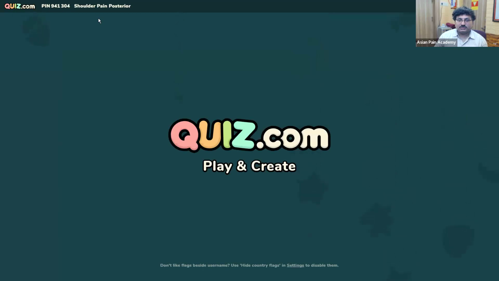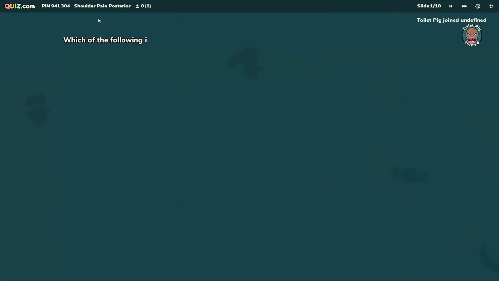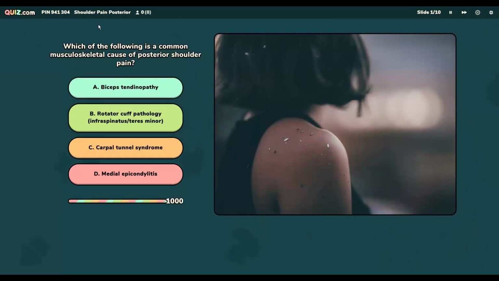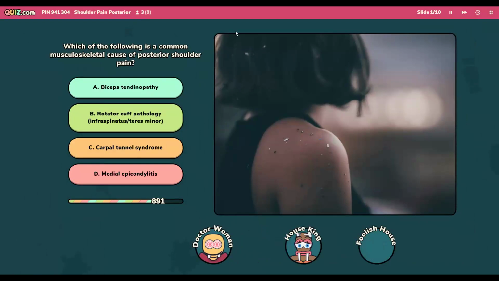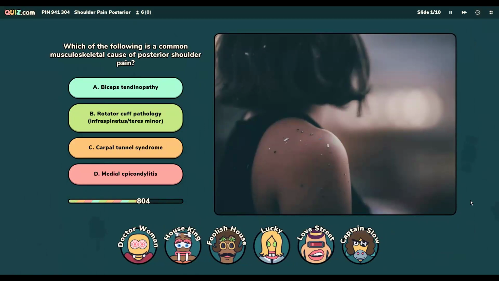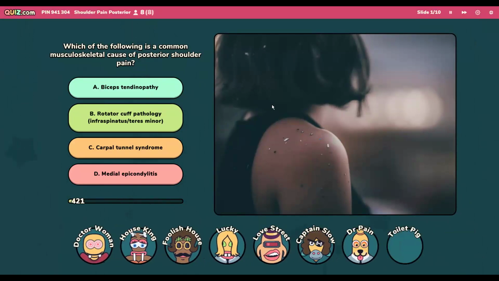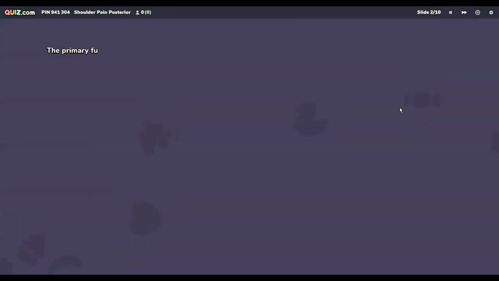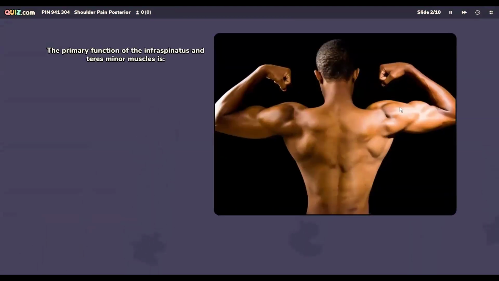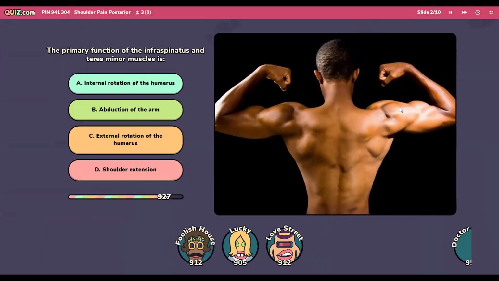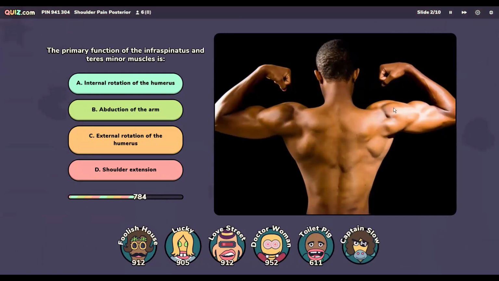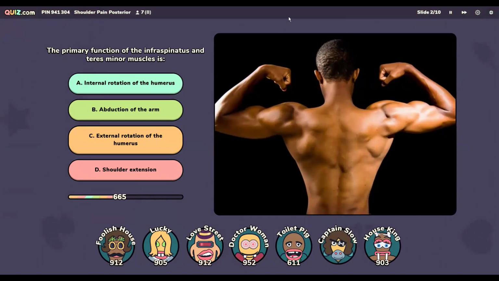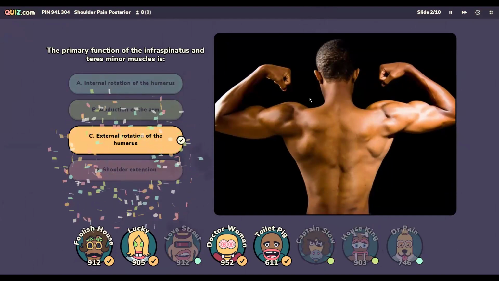Quiz questions: The primary function of the infraspinatus and teres minor muscles is the external rotation of the humerus.